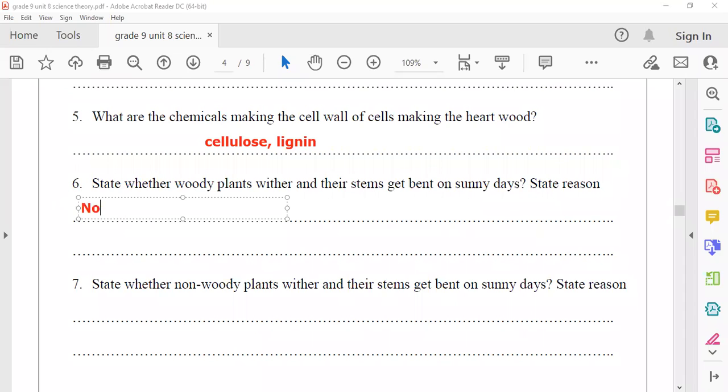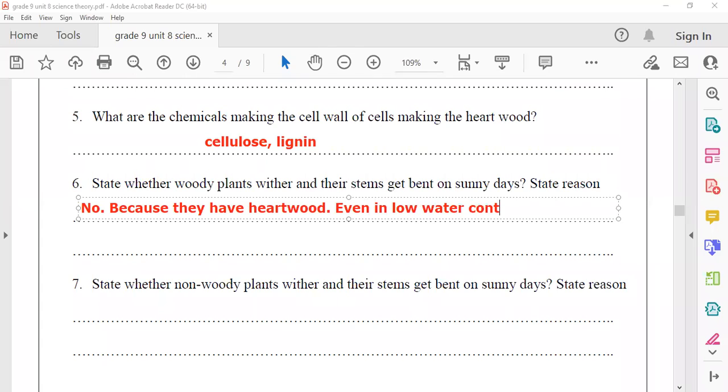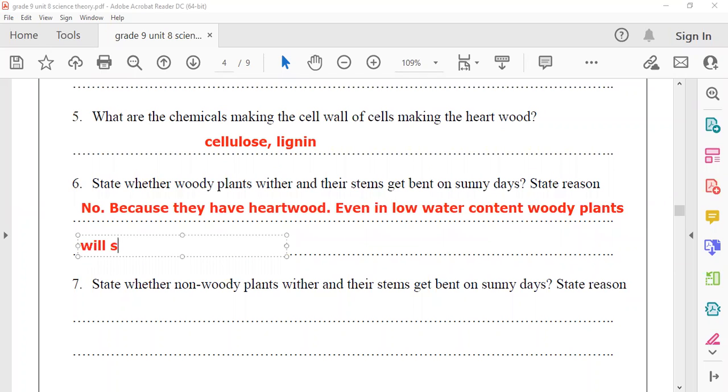Because they have hardwood, even in low water content, woody plants will stay erect without bending. Correct? Yes, sir.